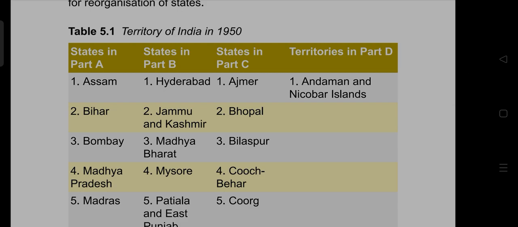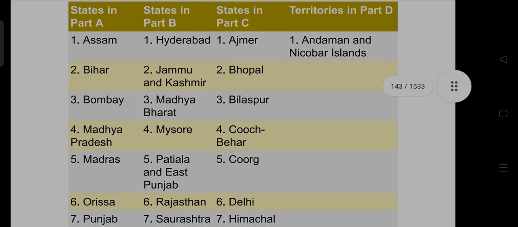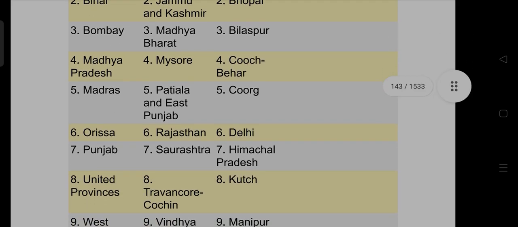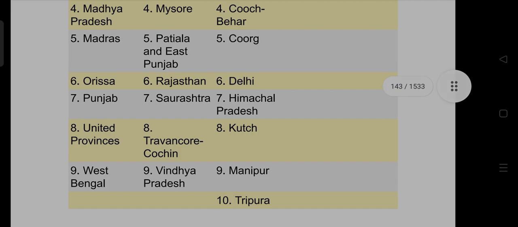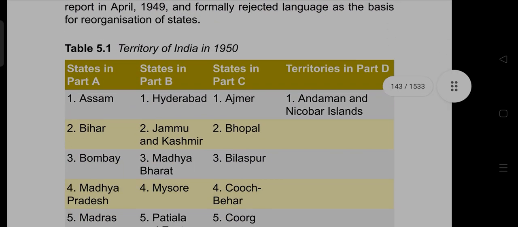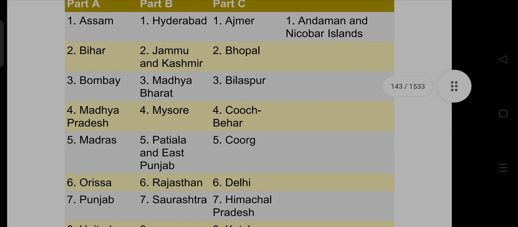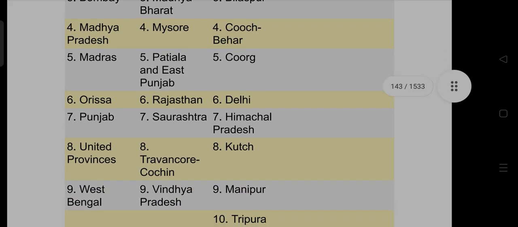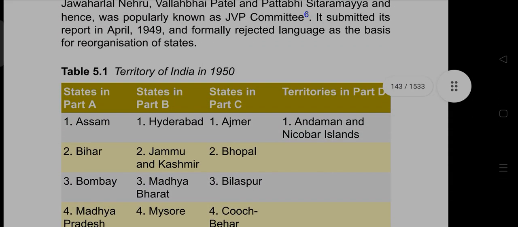The territory of India in 1950. States in Part A: Assam, Bihar, Bombay, Madhya Pradesh, Madras, Orissa, Punjab, United Provinces, and West Bengal. States in Part B: Hyderabad, Jammu and Kashmir, Madhya Bharat, Mysore, Patiala and East Punjab, Rajasthan, Saurashtra, Travancore and Cochin, and Vindhya Pradesh.